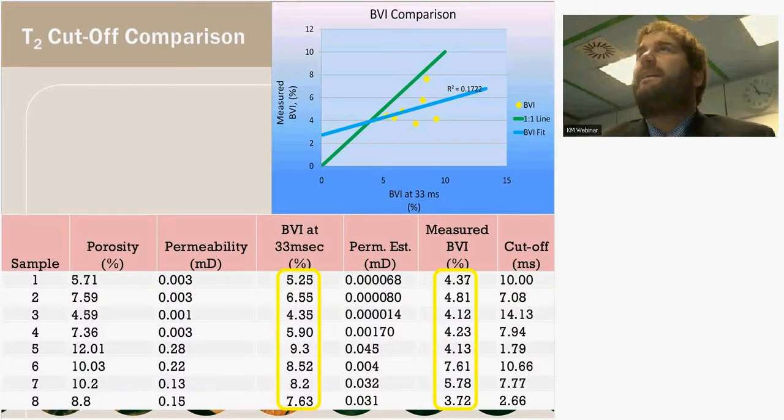So what impact does that have on our analysis? This is, again, a well in which we did a few different studies. If we use the standard value, we get a bound fluid given by this value, which is very close, actually, to the porosity. So it's predicting most of the fluid is bound. When we do the measurements and refine that cutoff back to 10 milliseconds, we lower bound fluid, so we actually have a lot larger amounts of free fluid.